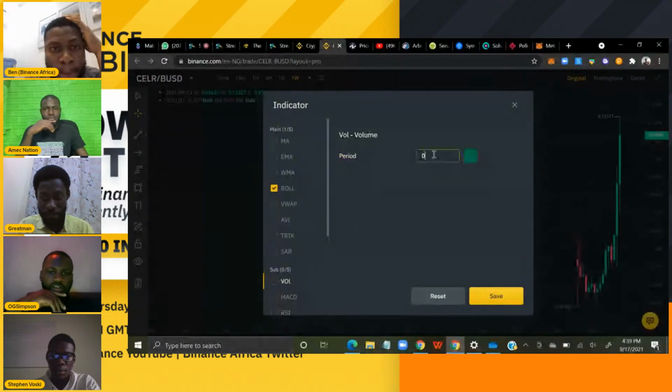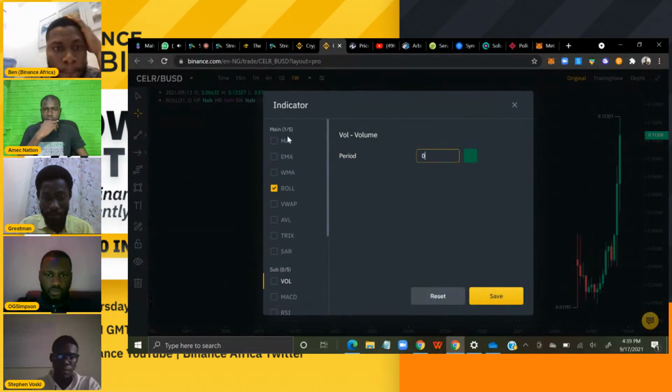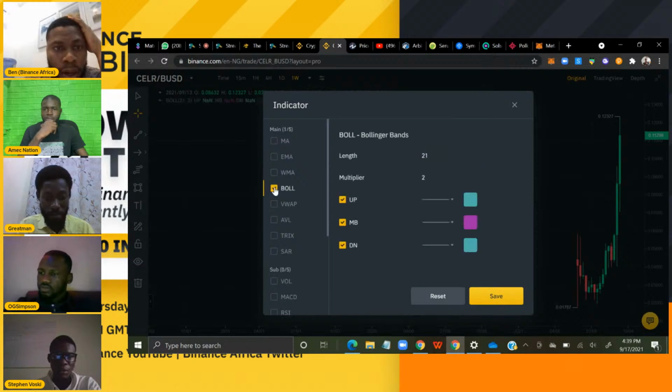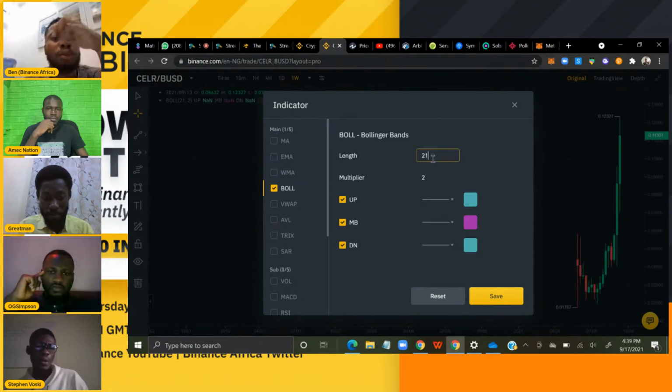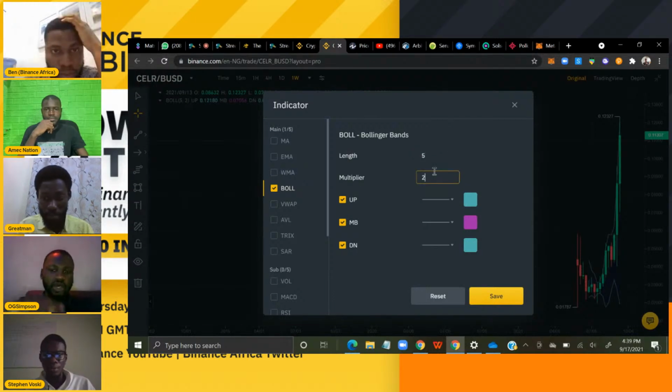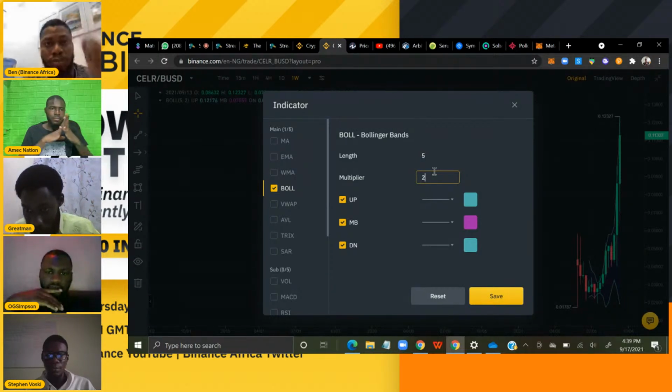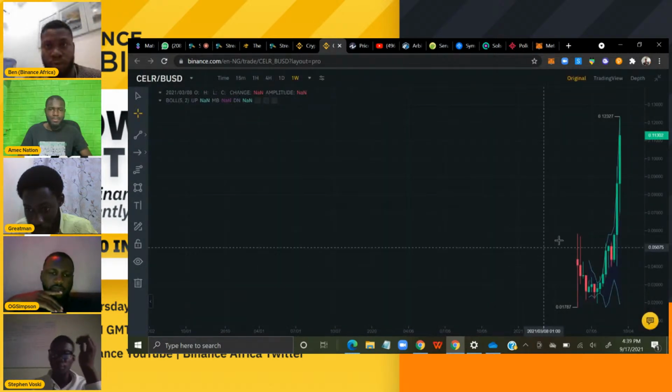Where it's 7 should be 5. Up should be 5. That's the length. Okay, length 5. Middle and down should be 2. I think that's okay.